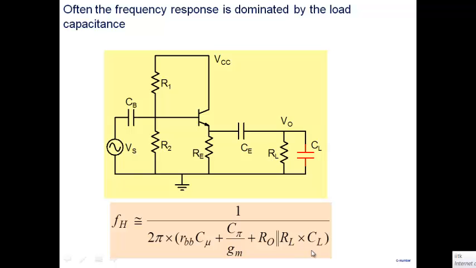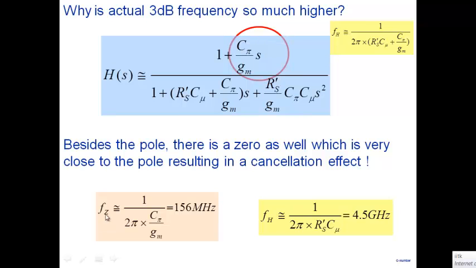All right. So what we need to do, if CL is given to you, you need to calculate this value here, and you need to compare with the FZ value here, 2 pi C pi by GM, and see whether there's a pole zero cancellation or not. If your dominant pole is coming out to be much lower than this, there is no pole zero cancellation here, and the dominant pole will give you the upper cutoff frequency.